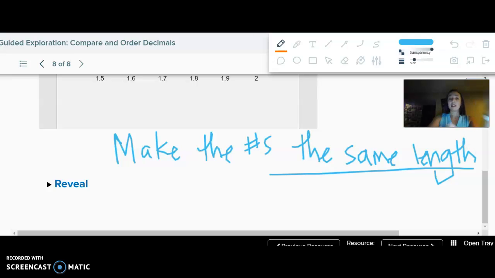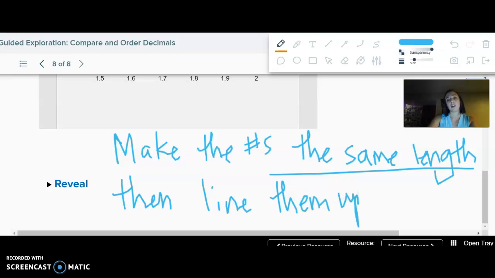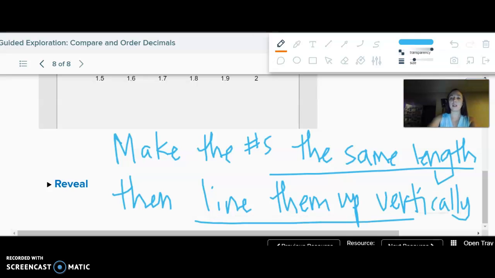Then line them up vertically. That I have found, if you're stuck, is a great way. It also helps us see how big they are. I'm sorry, that's an R, vertically.